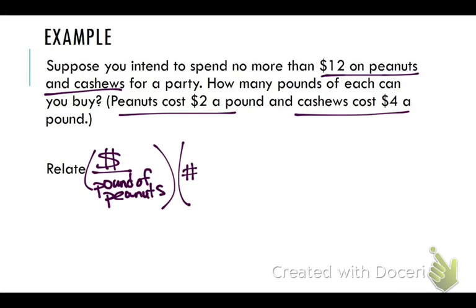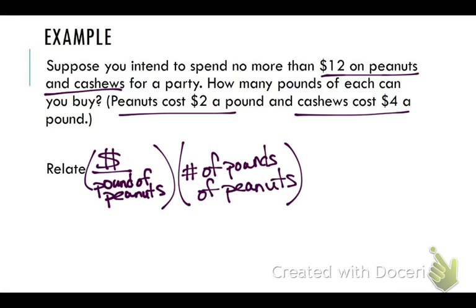It was times the number of pounds of peanuts. And I want to stress, some of you have been putting fractions for both sets of parentheses, but that is not the case. The first one is a fraction because it deals with two nouns, dollars per pound.